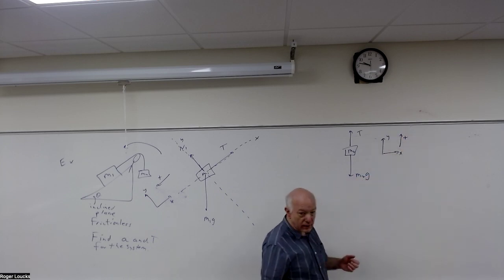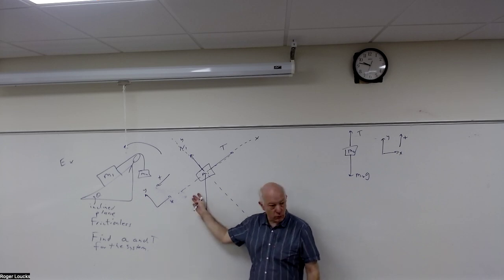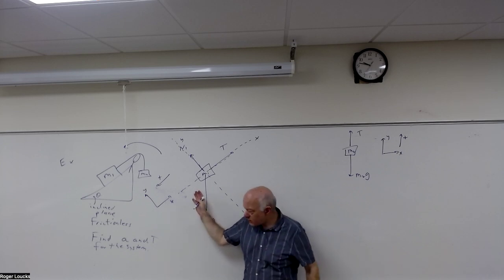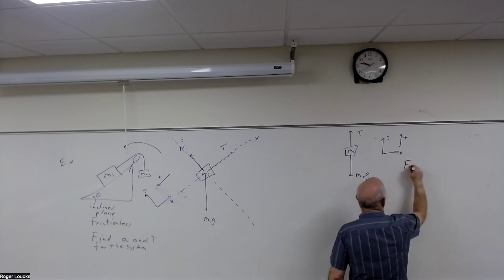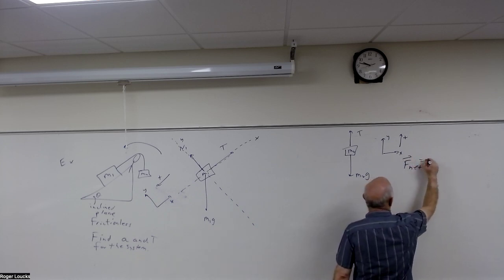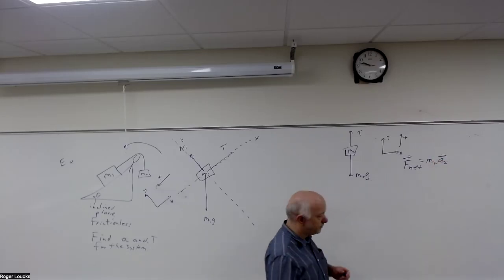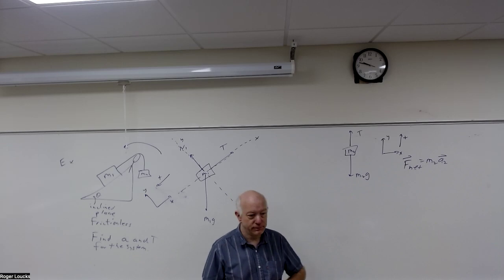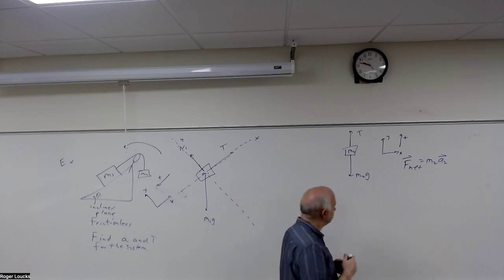So let's start out applying F equals MA. Let's do F equals MA on this one first, then we'll go over to this one, because we're going to have to do something a little bit more on that one. So here's our F net equals M2 A2. Hey, what do we do with that? Break into components.